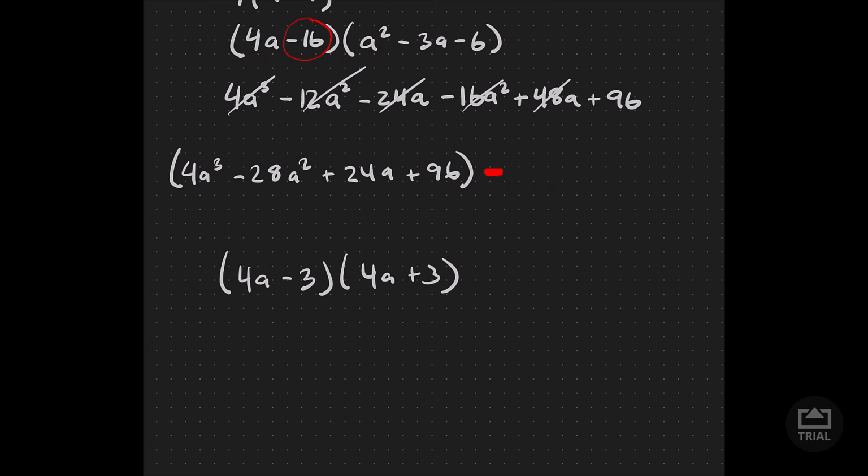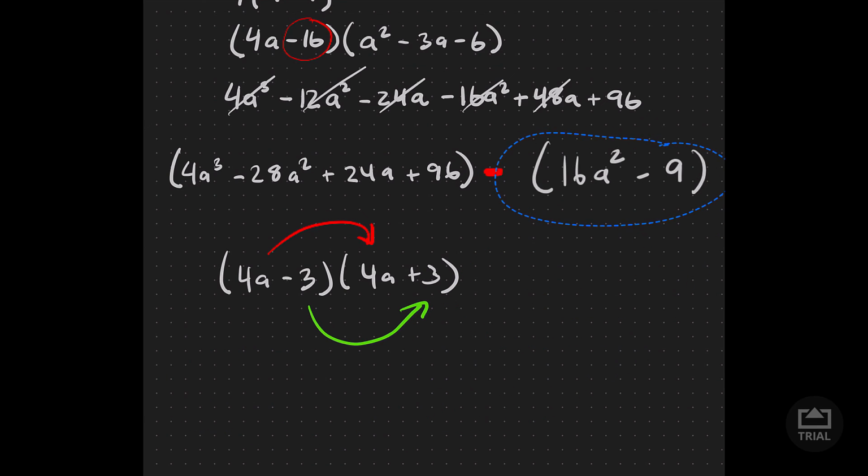Okay, so because we have a difference of squares here, we know that the middle term in this process will be opposite and cancel each other out. So all we have to do is multiply the first two together and then the last two together, and that will give us a 16a squared minus 9. And that's going to go into brackets right here, and basically that is going to go up to there.